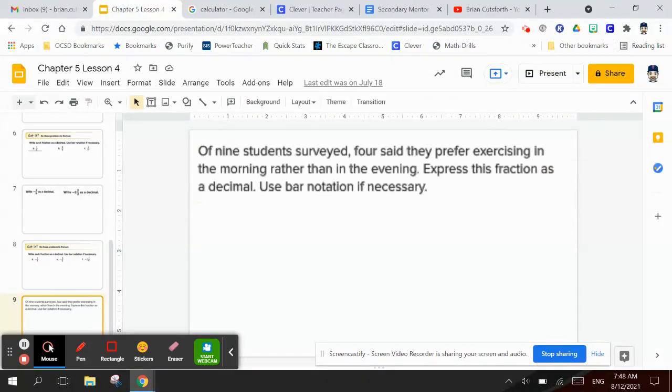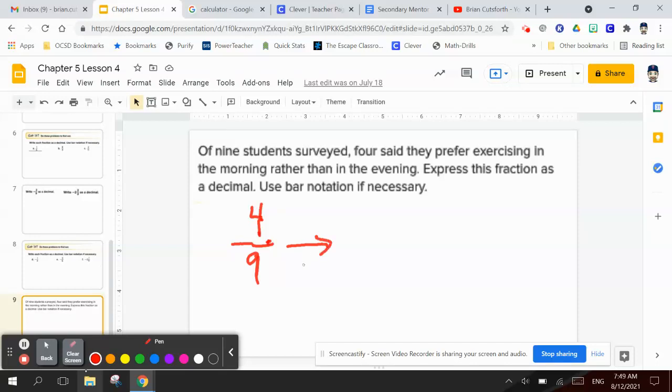So here we have just a story problem. Of 9 students surveyed, 4 said they prefer exercising in the morning rather than the evening. Express this fraction as a decimal. So how many people said that they would like to exercise in the morning? That would be 4. Out of how many total students? That's 9. So I need to write this as a decimal.